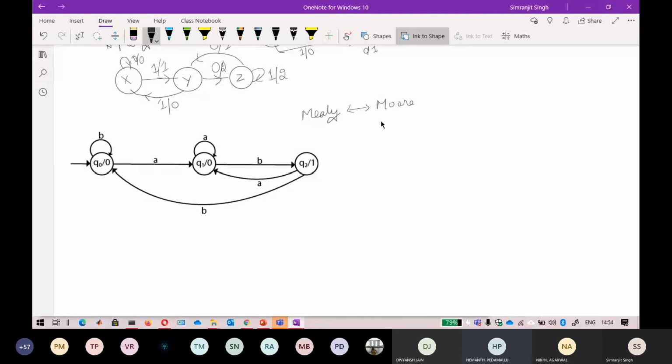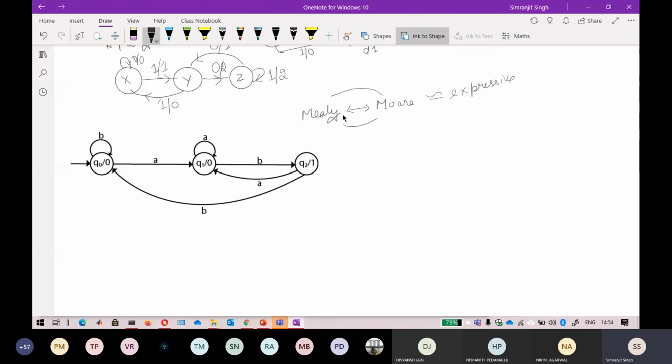As you said, NFA is equivalent to DFA. Exactly, so I just say that they are equivalent in power. The expressive power of Mealy and Moore is the same.